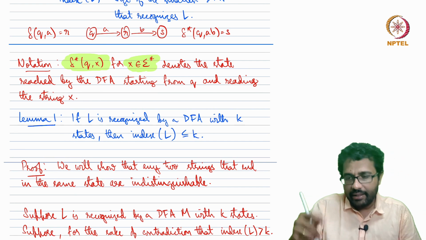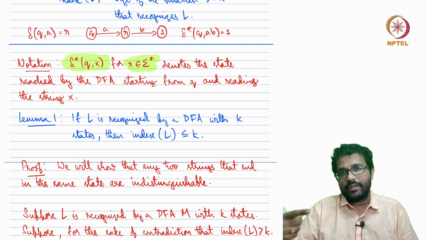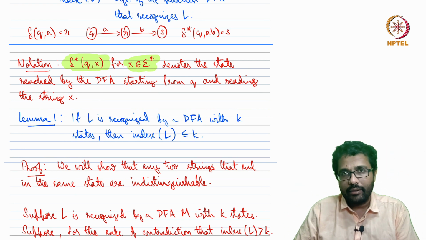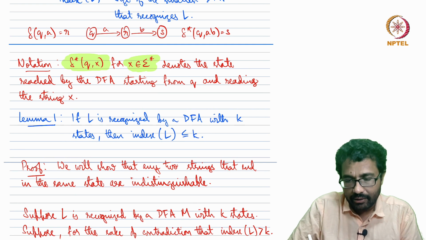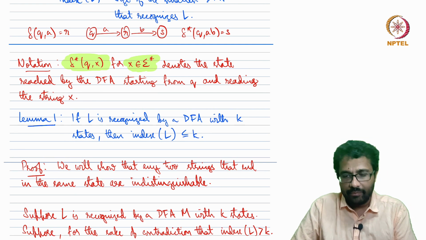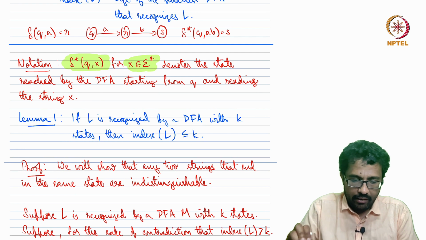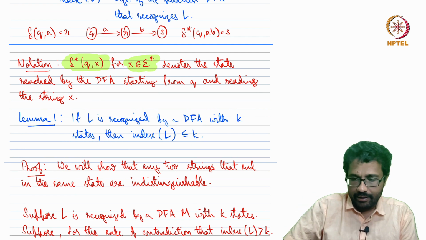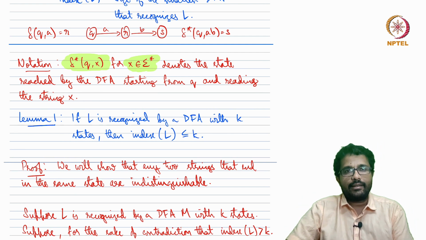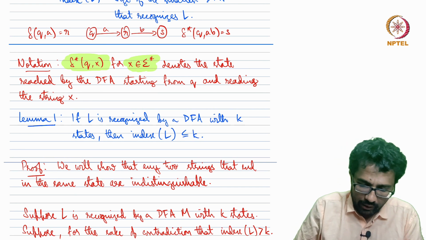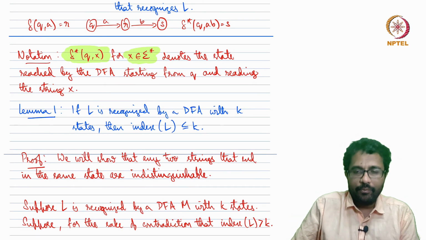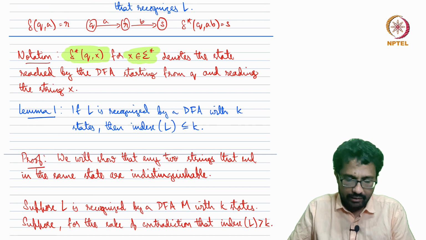So delta star means the number of steps could be more than one; the length of the string is equal to the number of steps in a DFA. When you start from q and read the string, where do you end up? This is delta star. This will be used in our proof, so that's why I am stating this notation up front.